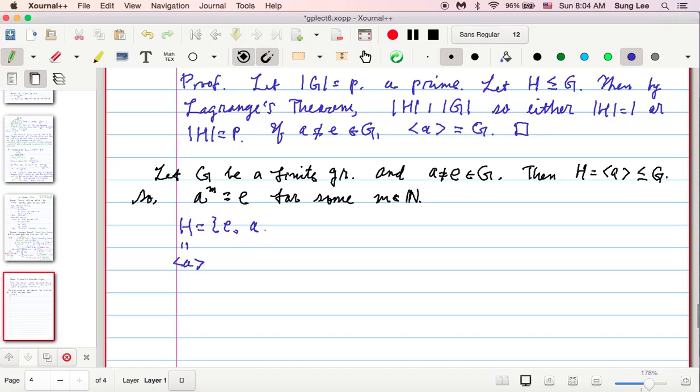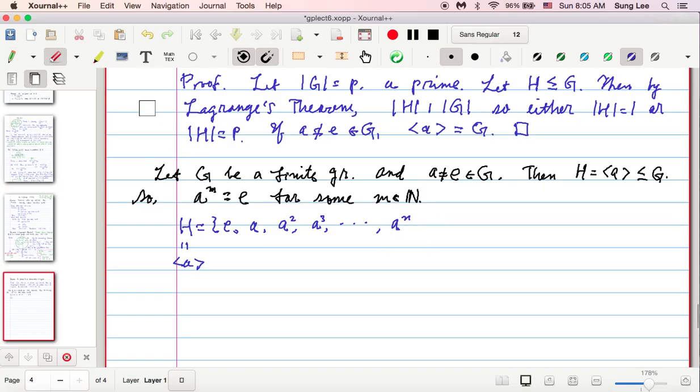So a squared, a cubed, and so on and so forth, all the way to a to the n minus 1. Then a to the n plus 1 is going to be, oh no, I meant a to the n minus 1.